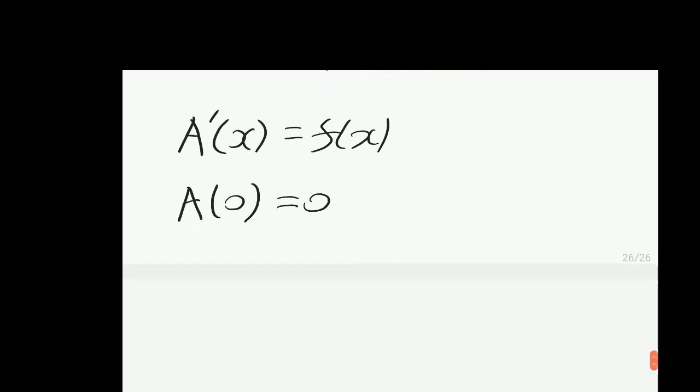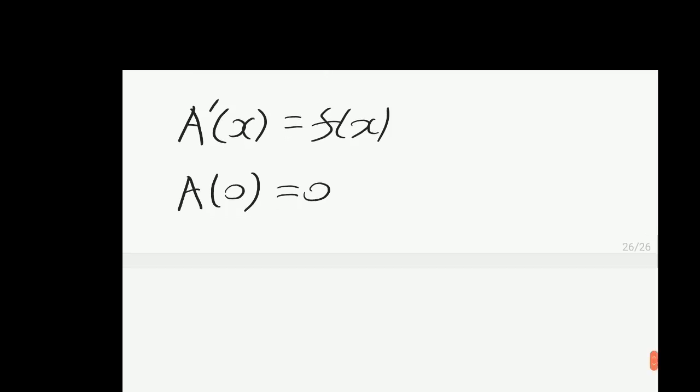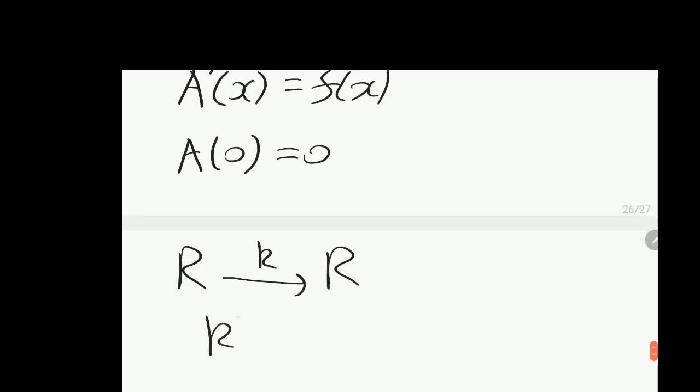Okay, so we can see that this follows from the constancy principle, which is another one of our fundamental axioms that we discussed before, which basically says that if we have a map from R to R, let's say a map K, and we have that the derivative of K is 0 everywhere, then this map K has to be constant.